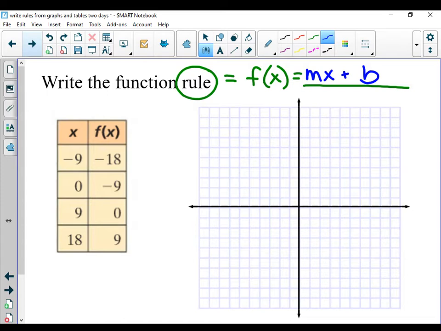Anybody want to use Savannah's trick for our y-intercept? Do you remember what she looked for? Anybody remember besides me?